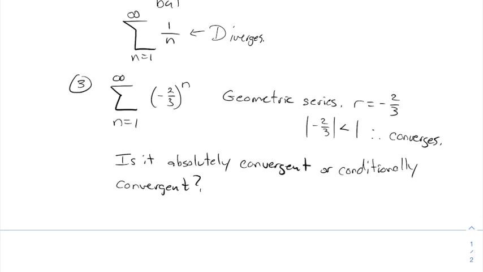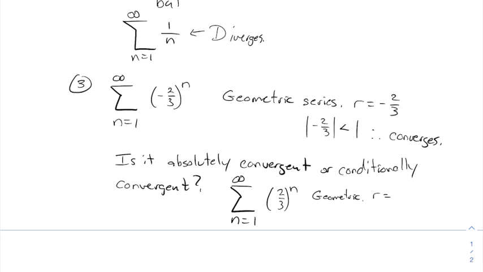Well, to find out, take the absolute value of the terms. Now, to take the absolute value, all we have to do is get rid of the negative here. So we just get 2/3 to the n. This is still geometric.